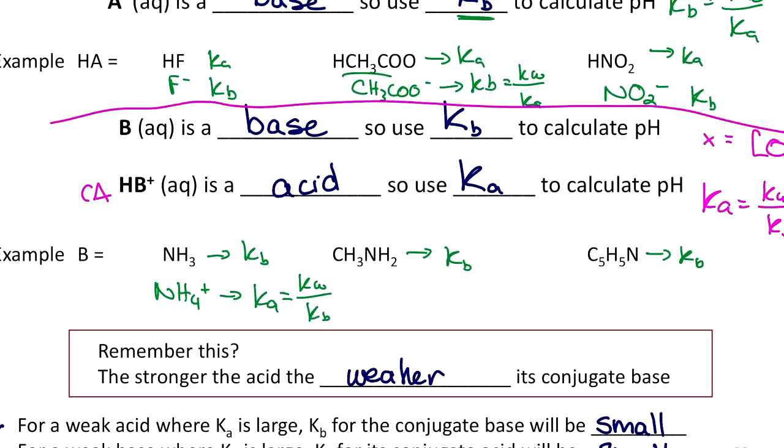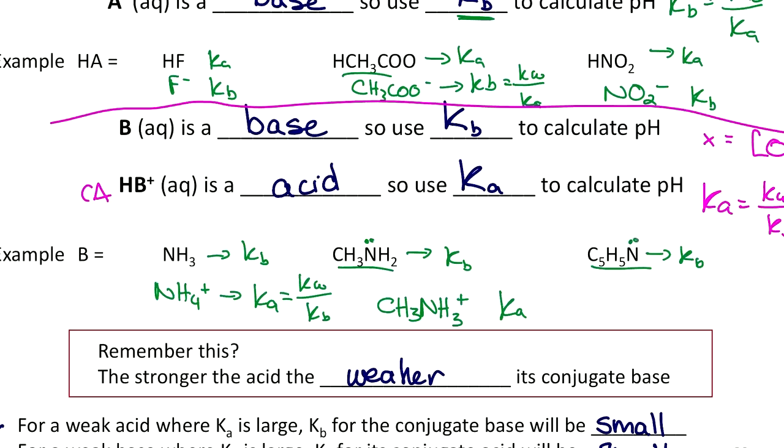All right. Here, what is this? Methylamine. Methylamine, its conjugate acid is CH3NH3 plus. Right? That's an acid. You got to use the Ka. And then the last one here, this is pyridine. All right. So again, squint your eyes. Look, there's nitrogens.